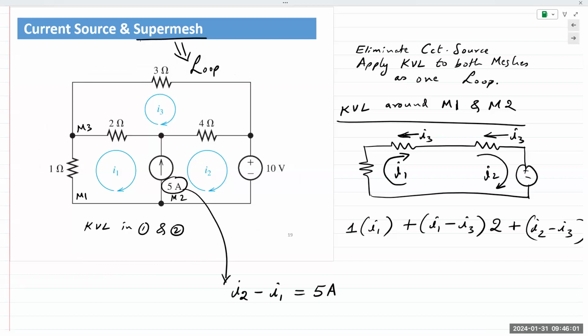So we don't even need a third equation here. We can express either I2 or I1 in terms of the other, and then you plug it back into one of the 2 equations, and then you can solve it. Does that make sense to everyone? All right, any questions?